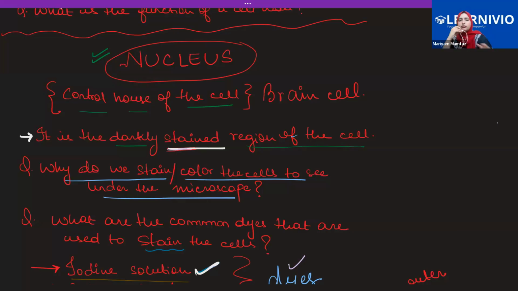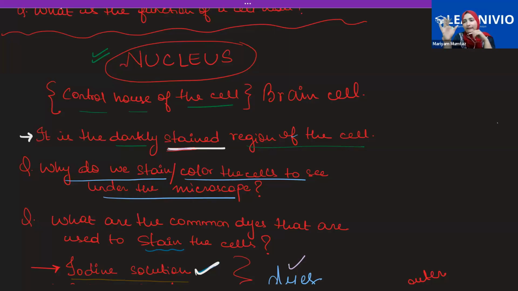Can you tell me why we need to stain the cell? Ma'am, can you repeat again? Why do we need to stain the cell? See, the cells and the cell organelles are mostly colorless.